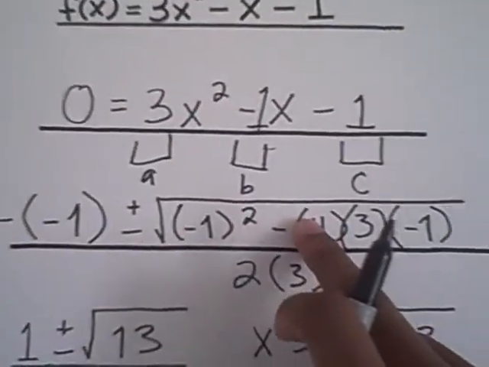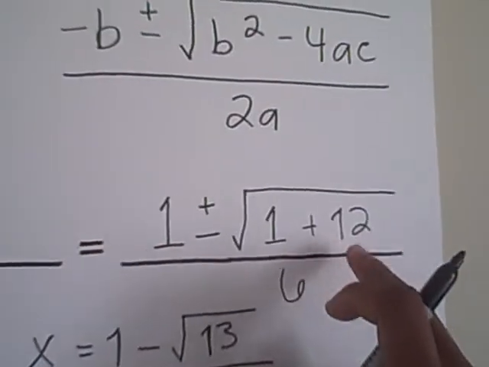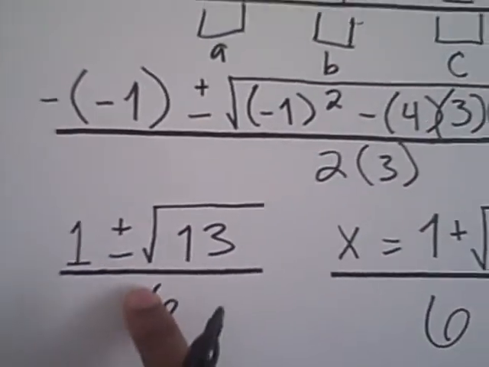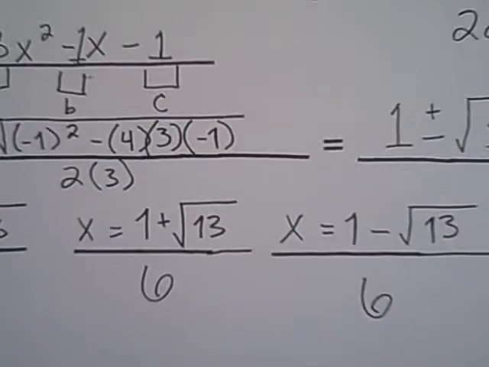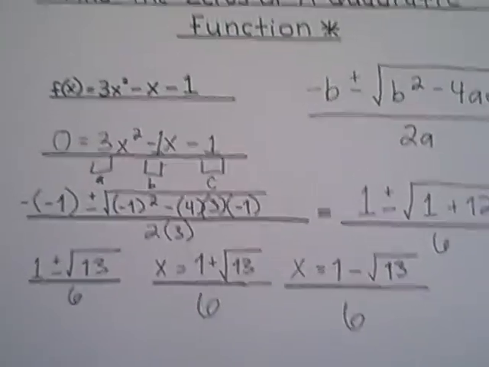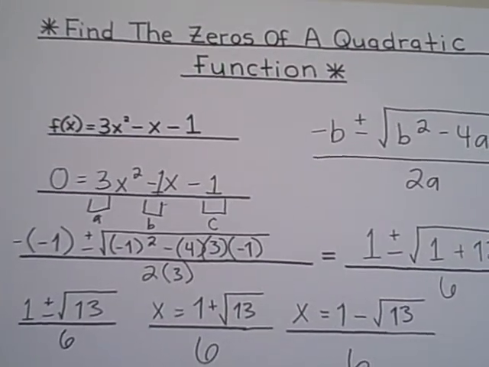Next, we had to plug the variables into the equation. And then we had to simplify the equation, which gave us our zeros. So here's all my work for solving the zeros for my quadratic function.